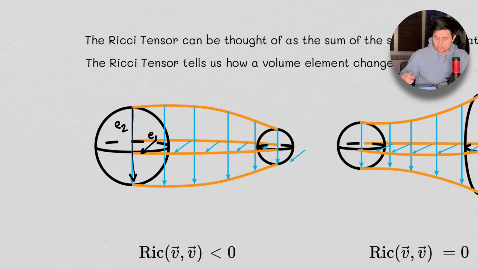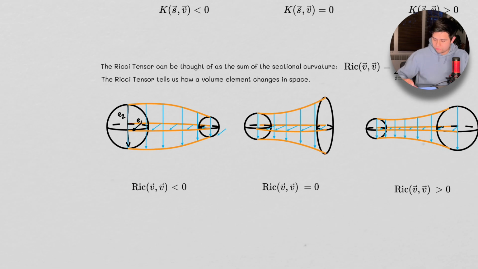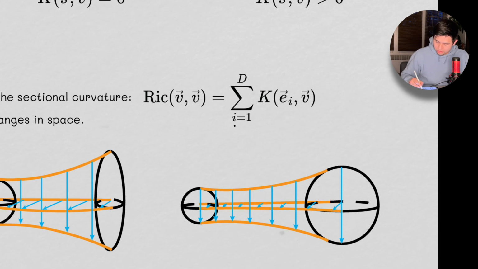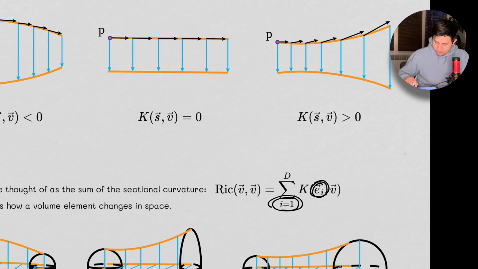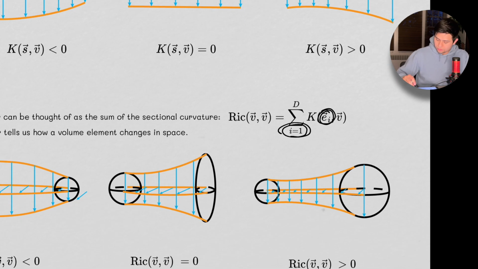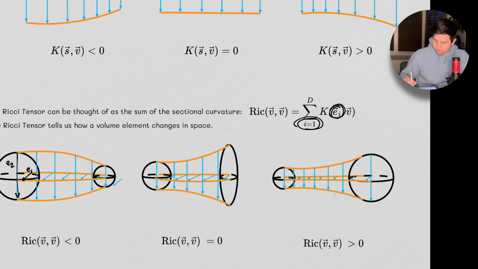And again, in GR, typically only goes to 4 dimensions. But the idea here is, again, we're summing over i. These are the basis vectors, and that is what's going to contract the Riemann curvature tensor to the Ricci tensor. Okay, this is that contraction right here.